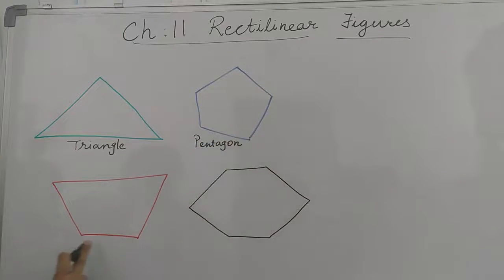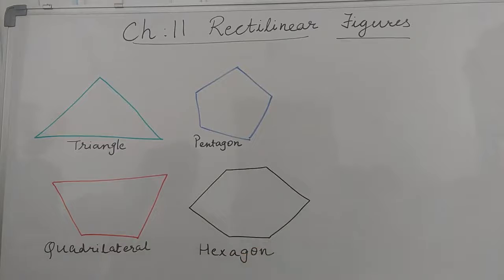Then this figure has 4 sides and 4 angles, so it is known as a quadrilateral. Qua means 4 and lateral means it is drawn on a plane surface, so quadrilateral: 4 sides, 4 angles. And this figure has 6 sides and 6 angles, so we call it a hexagon.